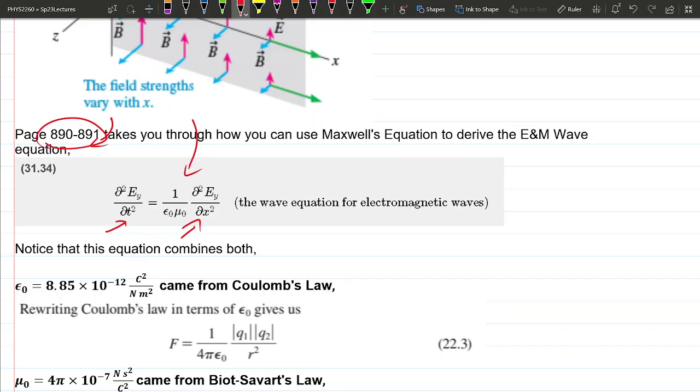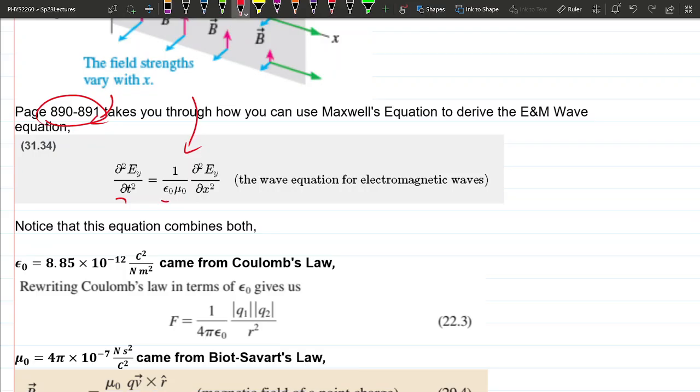But we're going to observe some interesting things. First of all, these constants epsilon naught and mu naught are in the equation. Remember that the speed of light is 1 over the square root of epsilon naught times mu naught. So if you square this, it will be epsilon naught mu naught.